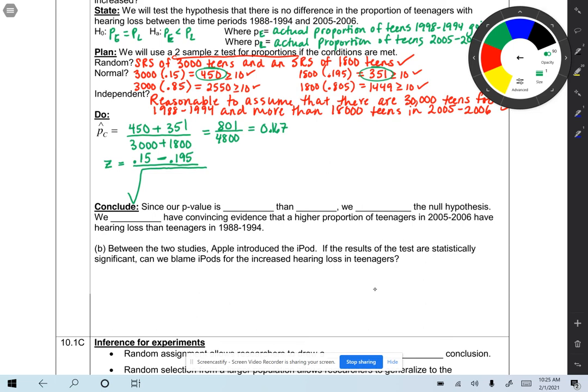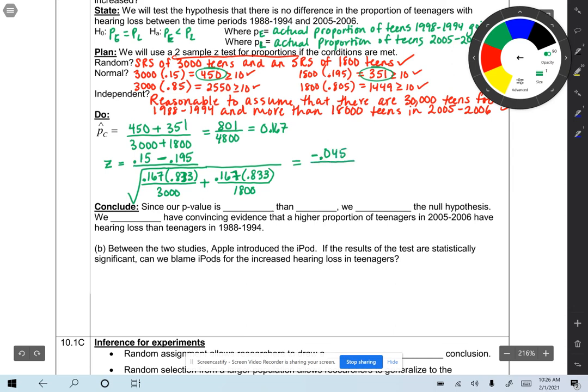And it is of the pooled, so 0.167 times 1 minus 0.167, which happens to be 0.833, over sample size of the first, so 3,000, plus 0.167 times 0.833 over 1,800. You do all that. The numerator is negative 0.045. Be really careful when you're doing your stuff.